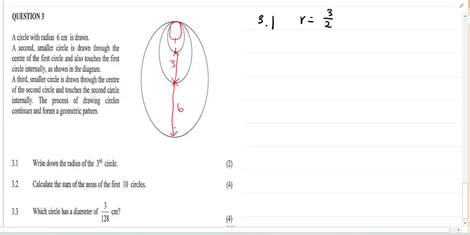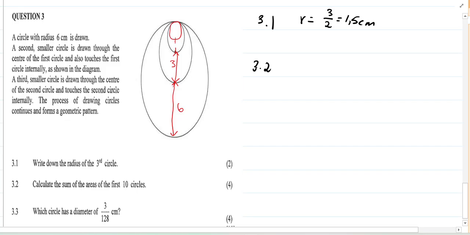The first radius is 6, the second one is half of 6, the third one is half of 3. So we keep on multiplying by half. So the radius of the third one is going to be 1,5 centimeters.